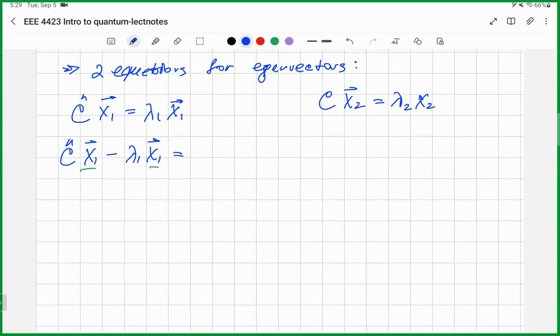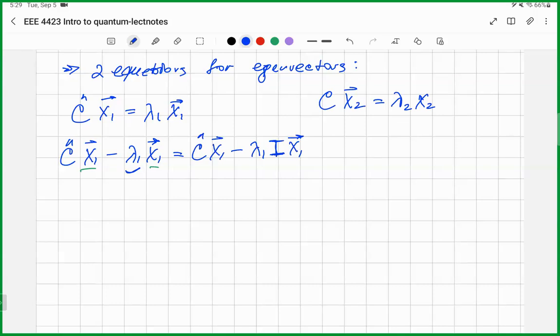But I need to rewrite the second term, so I write C x1, and then I represent this as lambda 1 times the identity matrix times x1, right? The identity matrix multiplied by any vector gives the same vector, so it doesn't affect anything.